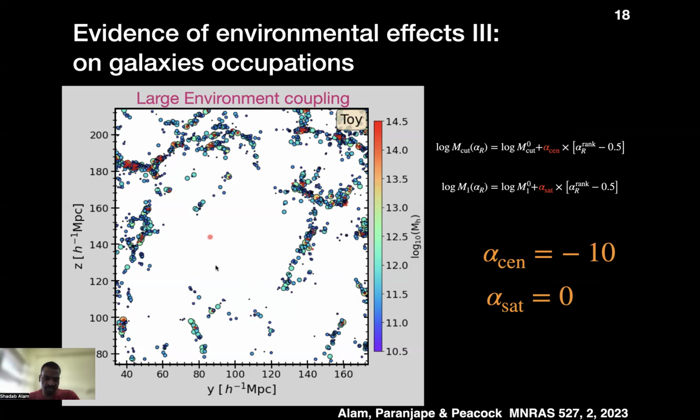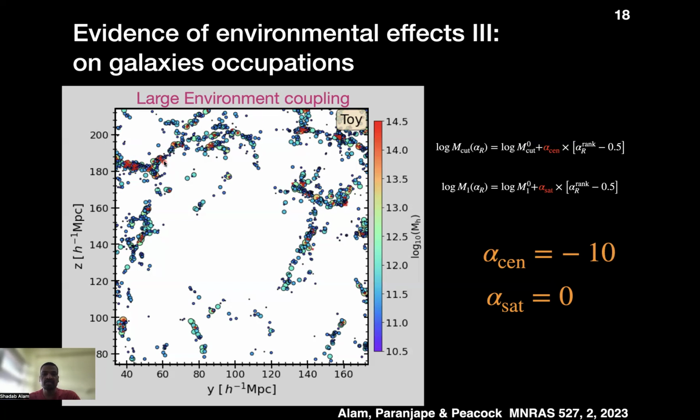What you see is that in all this tidally isotropic region, there are basically no central galaxies anymore, because these were all low halo mass halos, and by introducing this dependence, I've said that they cannot host any central galaxy anymore. And you see much stronger filamentary structures, because these are the tidally anisotropic environments, and they have a higher probability to host central galaxies even at lower halo mass compared to isotropic ones. So this is the kind of difference you're going to see in the two universes.